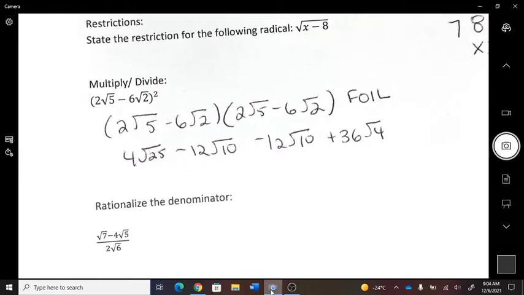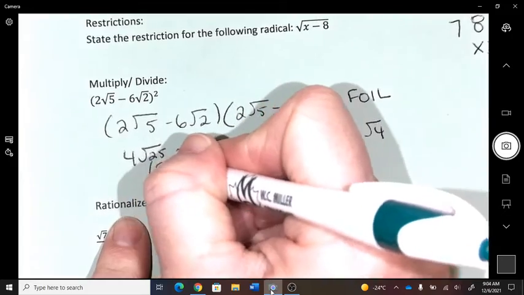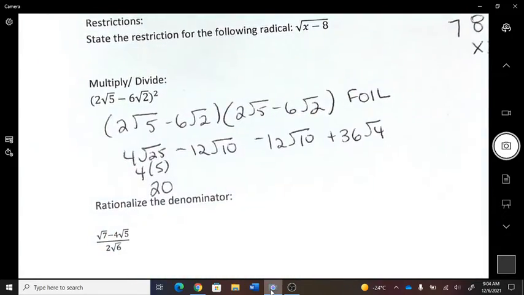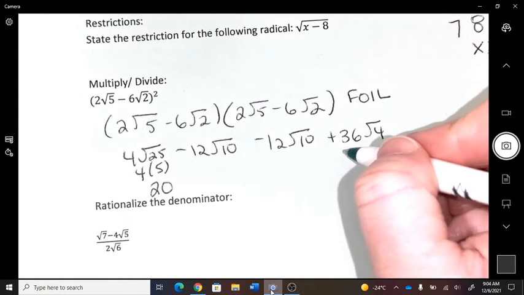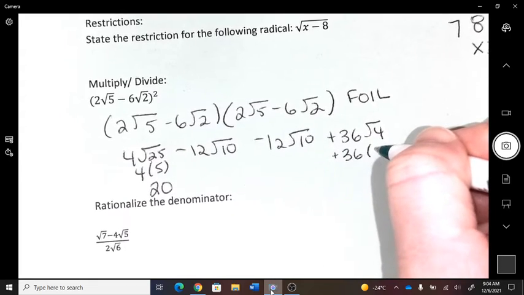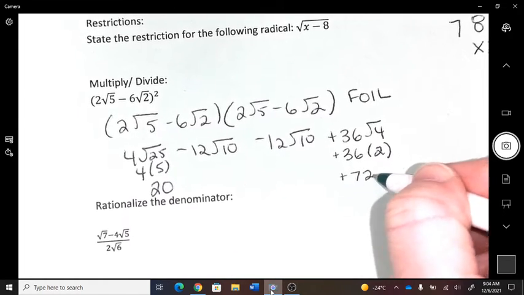Okay, so now we're going to simplify. This root 25 is the same as the whole number 5. So that value is 20. 36 times root 4 is the same as timesing it by a 2, so that should be 72.